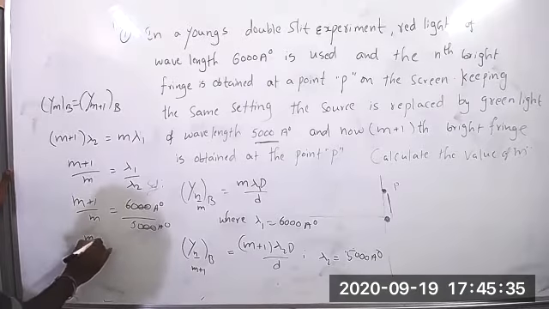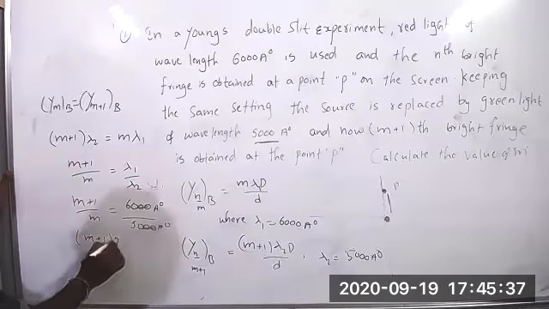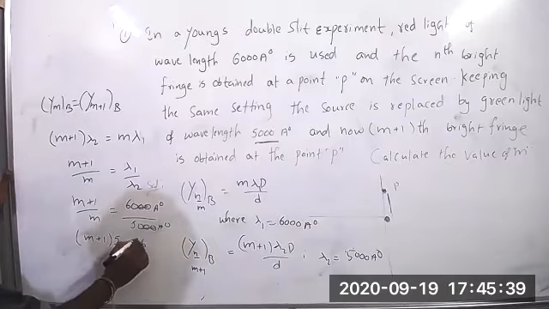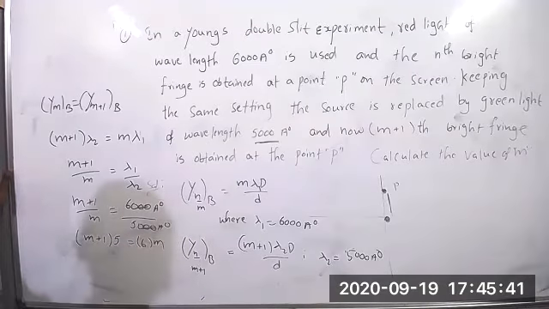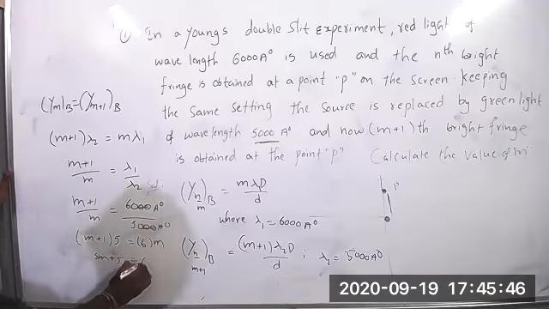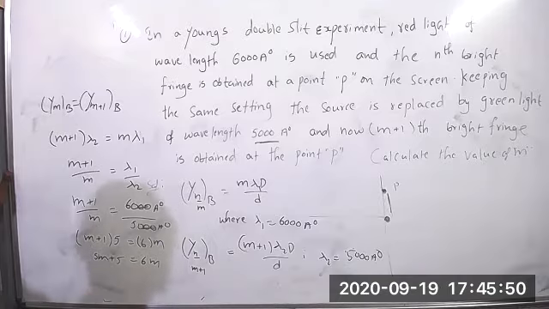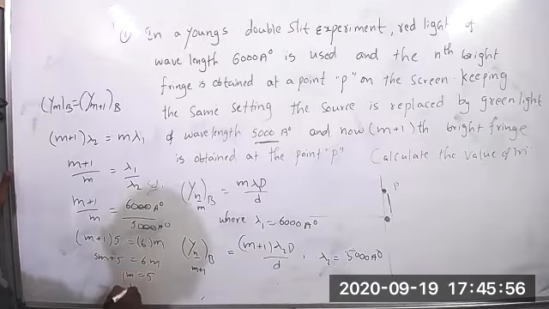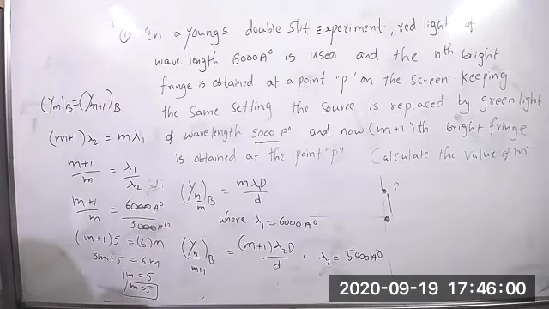So m plus 1 into 5 equals 6 into m. So 5m plus 5 equals 6m. So m equals 5.